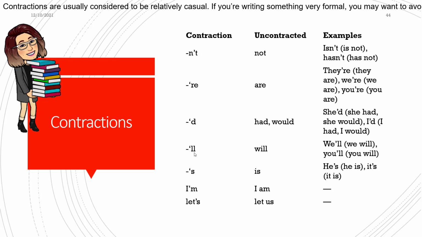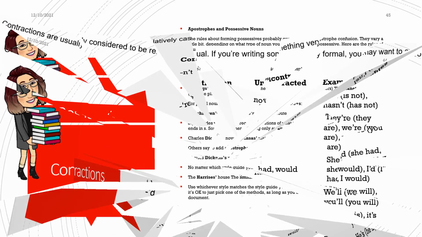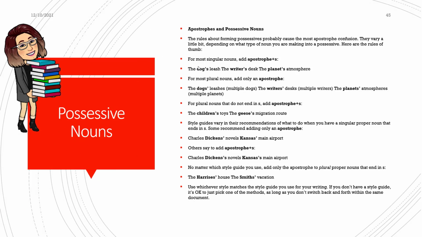So, isn't becomes is not, hasn't becomes has not, they're becomes they are, we're is we are, you're is you are. Here you have many examples of how the apostrophe is used in a contraction. And apostrophes are used to show possession.